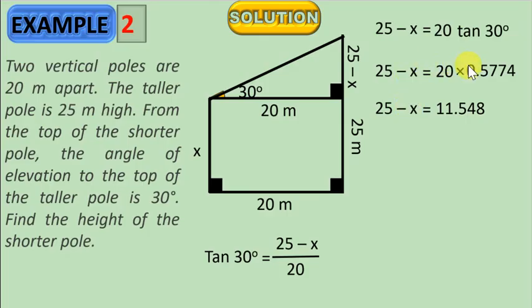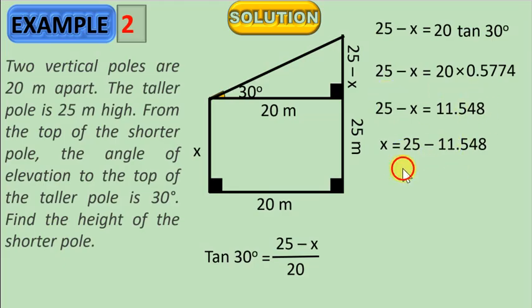Take x to the right-hand side and take 11.548 to the left-hand side. That will give me x equals 25 minus 11.548. Remember, x being negative on the left side, going to the right side becomes positive, and 11.548 being positive, moving to the left side becomes negative.